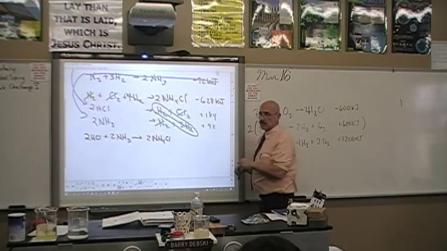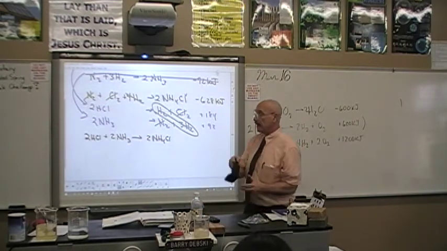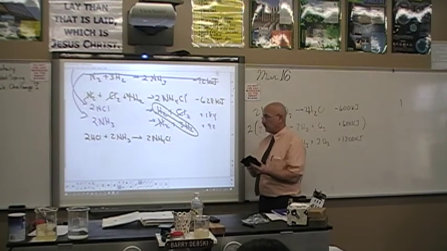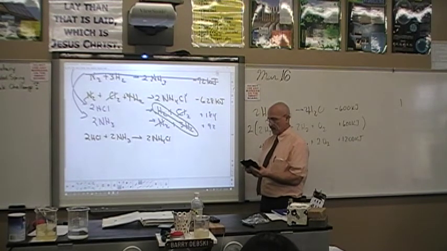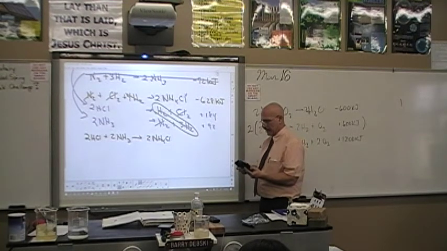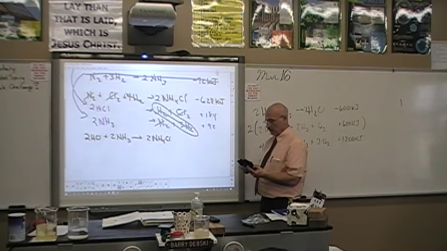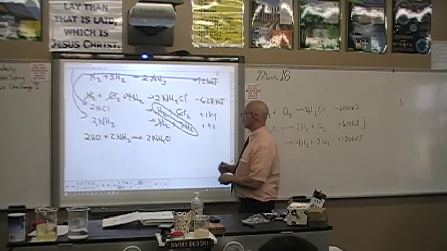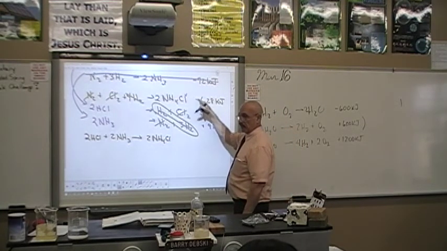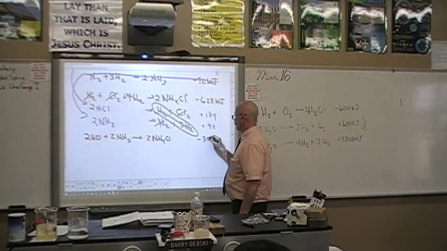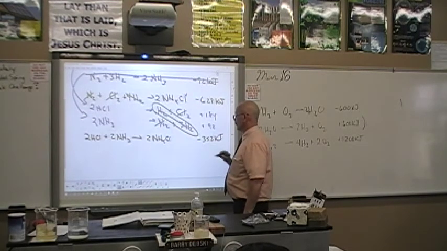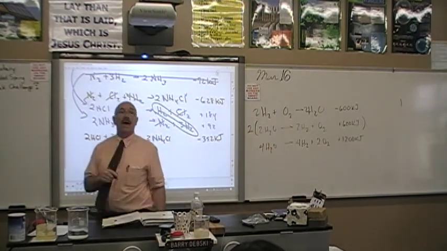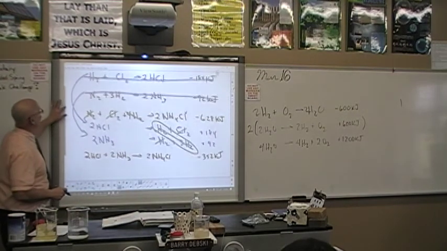And if I add these three things together, negative 628, positive 184, positive 92, we should get an answer, not the answer, an answer. 628, 184, 92: 352. And it's negative, because this is the big boy. It's negative 352 kilojoules. Now, is this the final answer? No. Why? Divide all by 2.